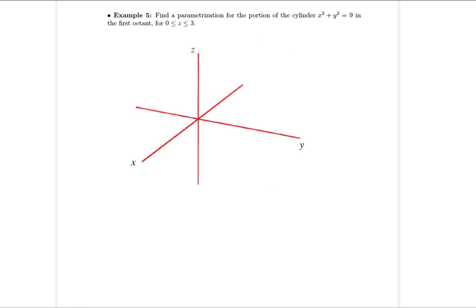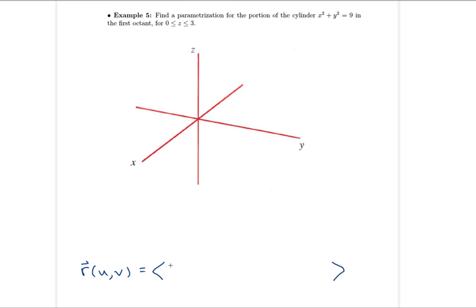So never lose track of the fact that you're trying to build something like this. So you've got to find two parameter values that can generate your x, y, and z components.